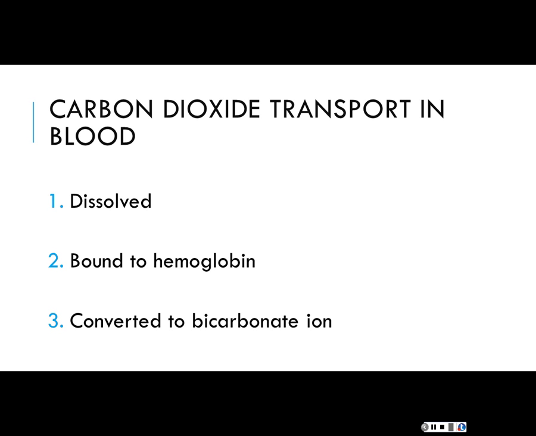Because this is enzyme catalyzed, it's a lot faster than the other way, which is what? Spontaneously. Where? In the blood plasma. So bicarbonate ion could happen just spontaneously in the blood plasma.